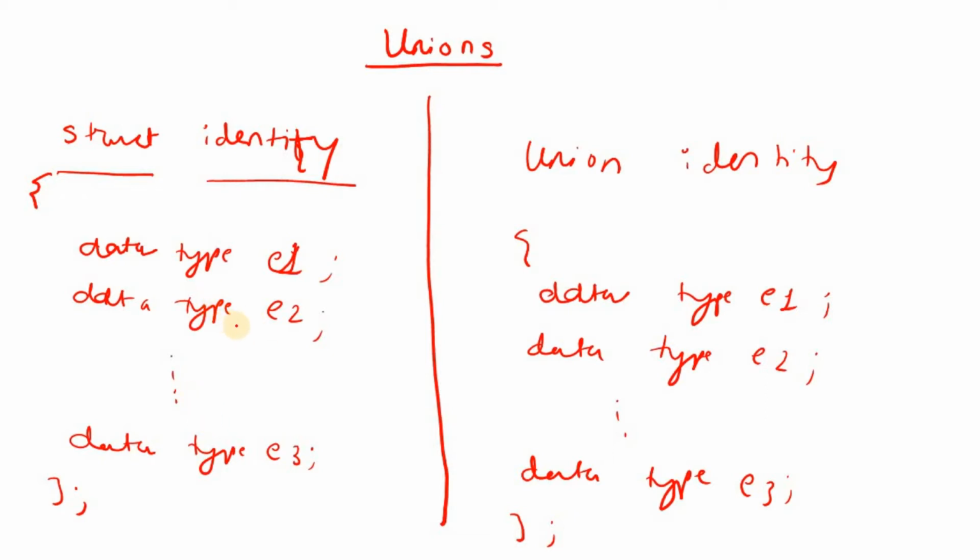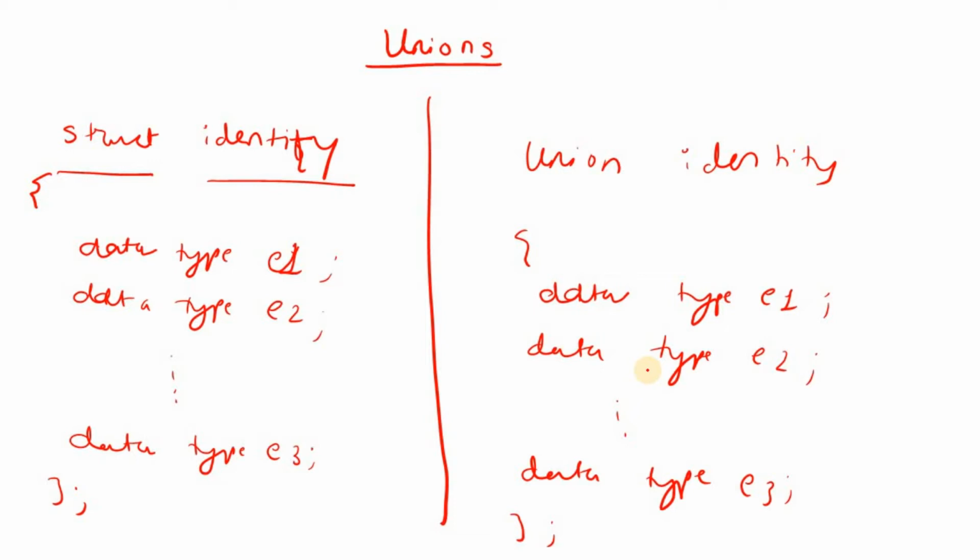At a time we can store n number of elements and retrieve all the elements. You can process all the elements at a time, but in the case of a union all the elements share the same memory location, so at a time we cannot process all elements. If you see one example, then you can understand.